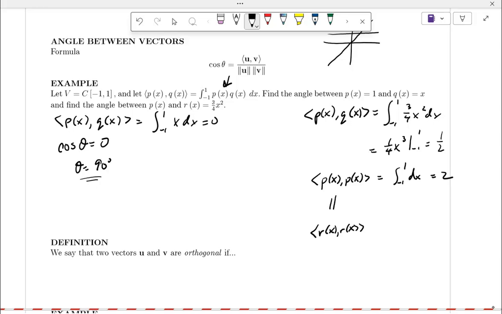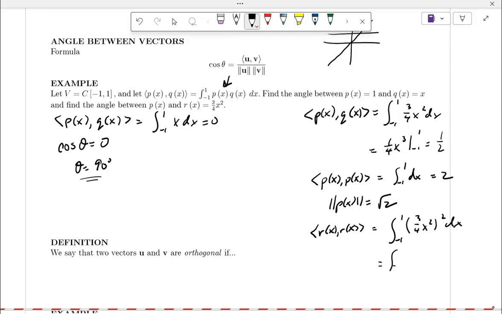So what is the magnitude of p of x then? Square root of 2, good, because I have to take the square root of that inner product with itself, right? What function are we going to integrate when we do the inner product of q of x with itself? What's it going to be? 3/4 x squared and then the whole thing squared, right? So I have to multiply by itself.